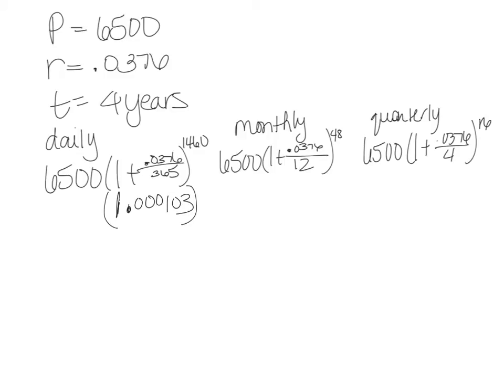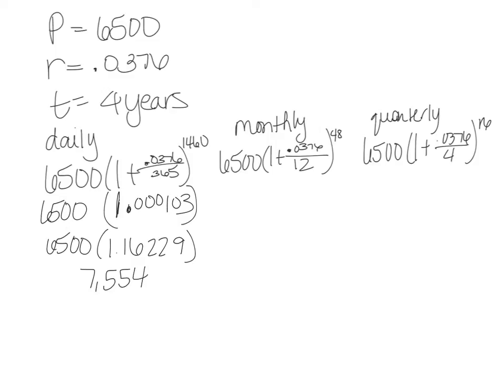I'm going to raise it to the 1460 power. So I get 6,500 times 1.16229, and I'm going to times that by 6,500. I get 7,554.88. And if I want to know how much interest I paid, I can subtract my original 6,500, and I get 1,054.88, or 89 if you round right.